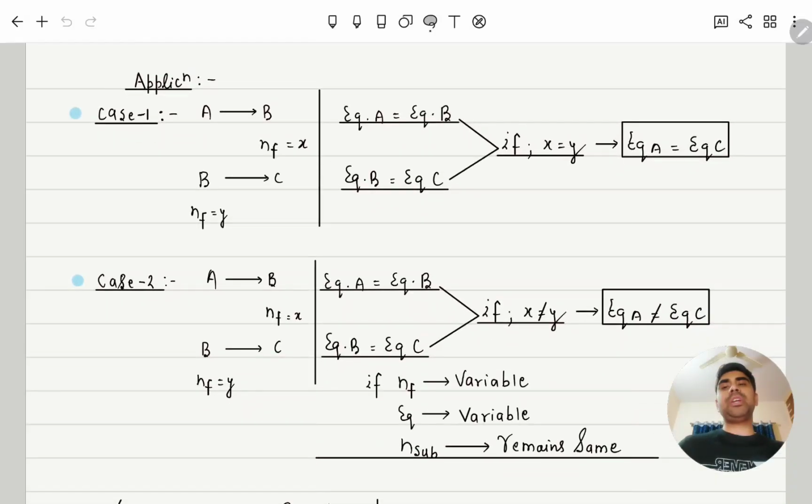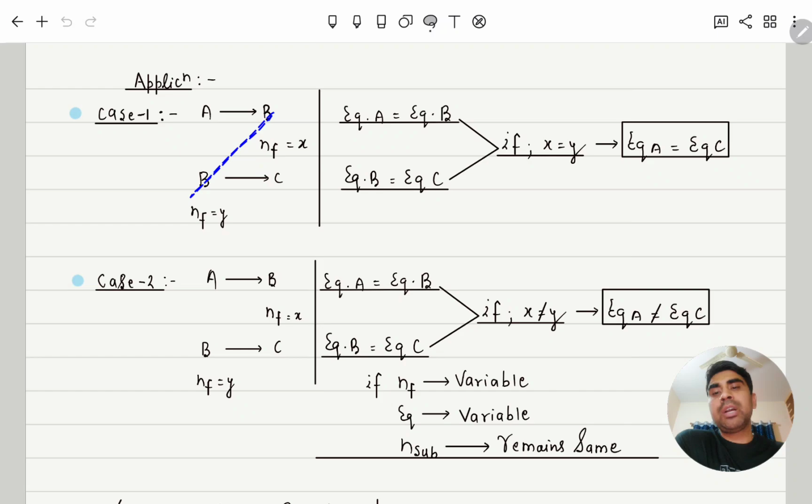Now here is the first application of this titration. Suppose A is titrated with B, and B's N factor is x, and the same B is titrated with C, where its N factor is, suppose, y.